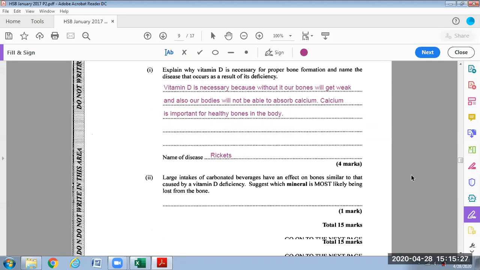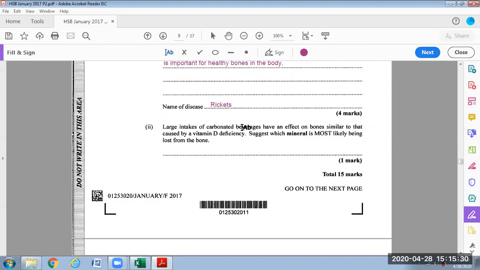Next one, large intakes of carbonated beverages have an effect on bone similar to that caused by vitamin D deficiency. This suggests which mineral is most likely being lost from the bone? A mineral is either calcium, those kinds of things.